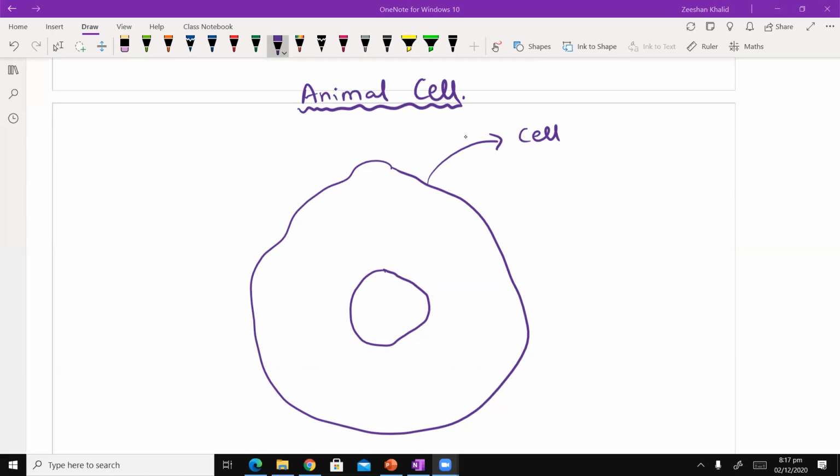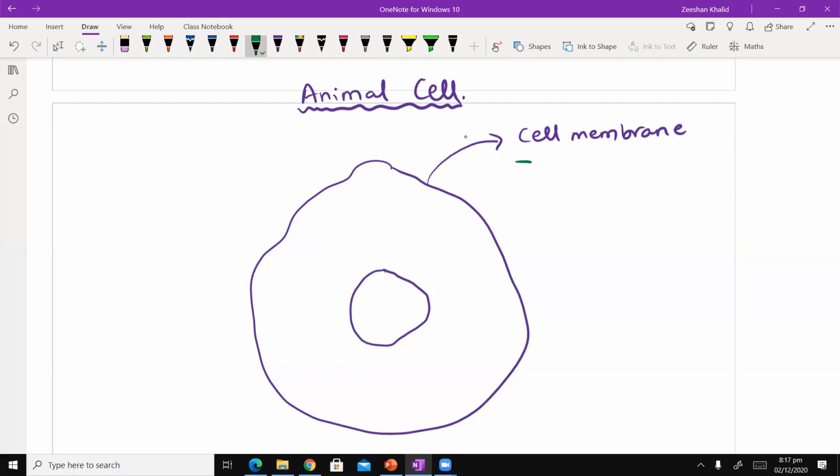The first thing that you can see as a boundary is known as the cell membrane. Now, there are some things that we need to know about the cell membrane. So I'm going to write down some bullet points as we see all of this. What do we need to know about the basic cell membrane?